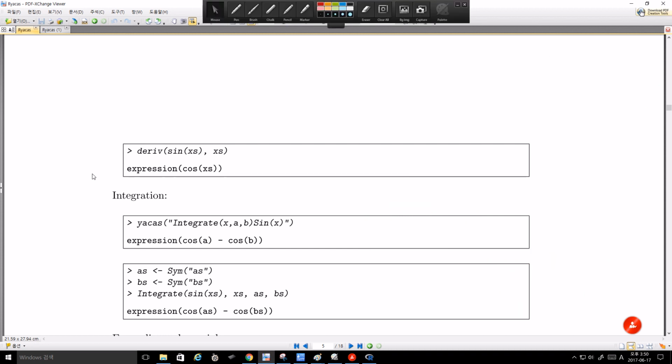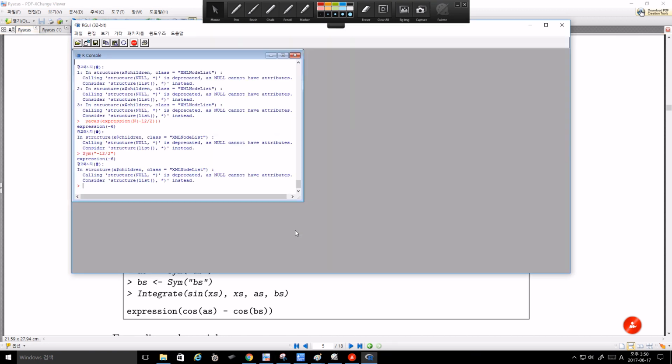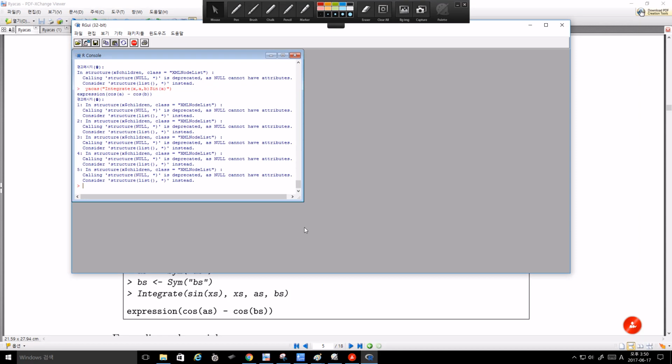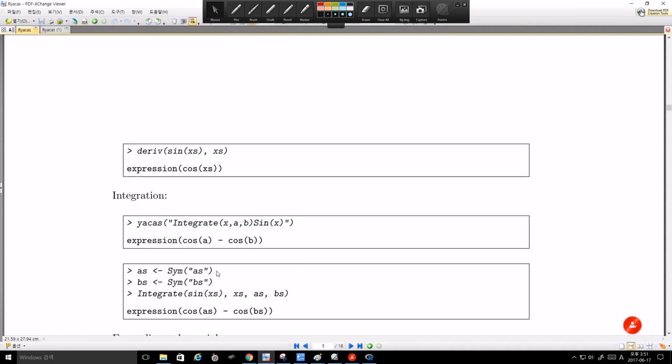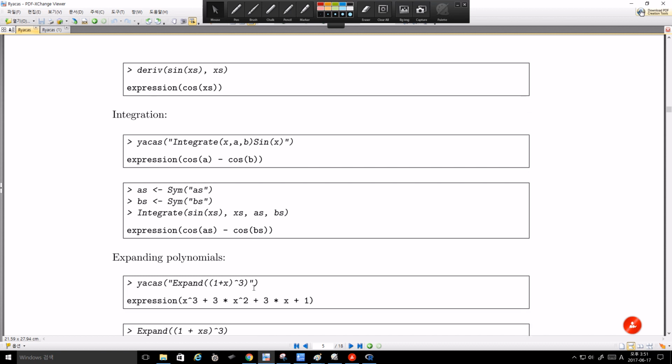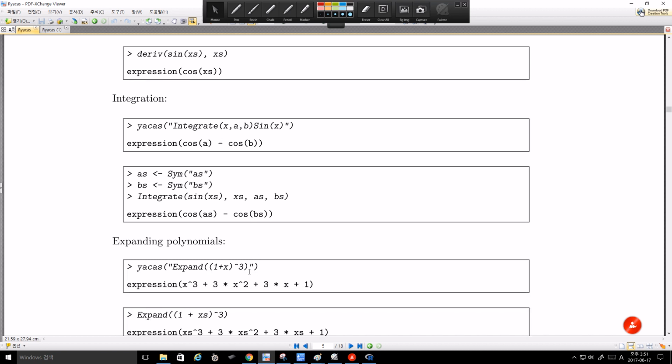Let's check it. We can again copy and then paste. Done. Cosine a minus cosine b. We're done. And then we can use the symbols and do similar operations. Now expanding polynomials, x plus 1.